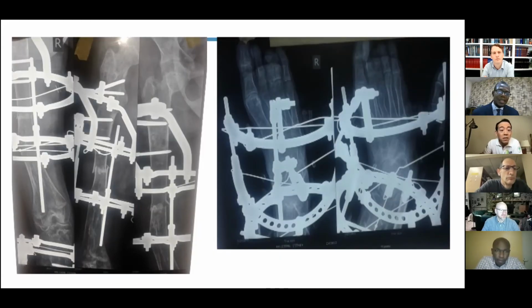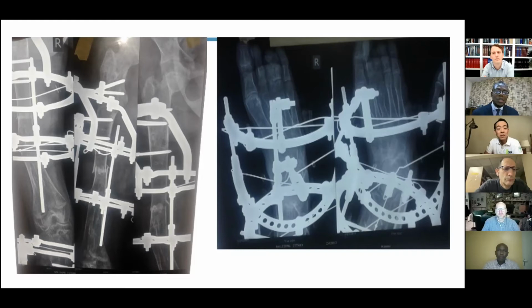Okay, that was the X-ray following the surgery. Well, this was the first time I was treating a child with this kind of pathology, so I wasn't really sure what to expect. So I decided to avoid the initial surgical sites where I could have done the osteotomy and the deformity correction.